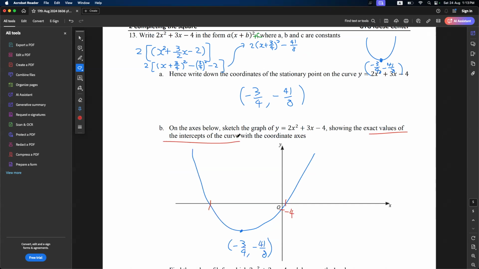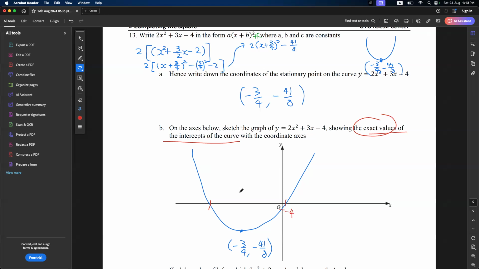They meet around there, negative 2.35 is one. When you say exact values, you're basically showing from your calculator the exact value.